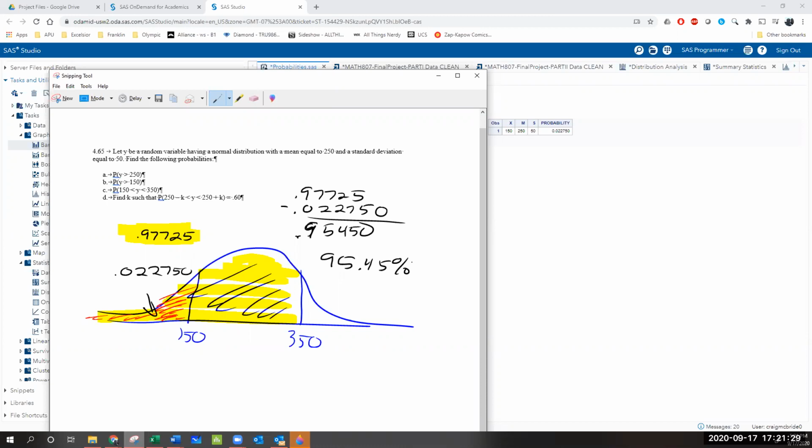So that's that one. And then part D is basically saying, okay, if we have the curve, and here's our mean of 250. If we go out some distance k in both directions, right?